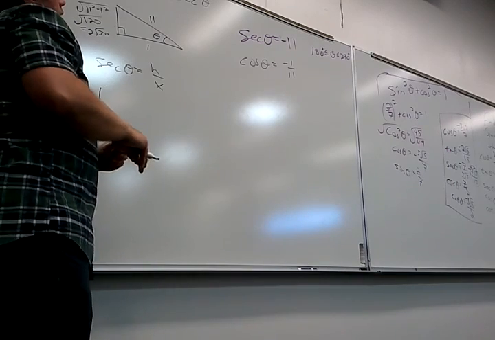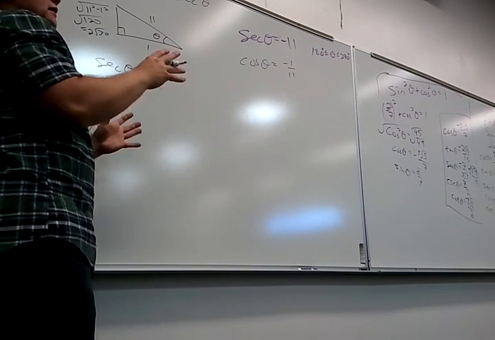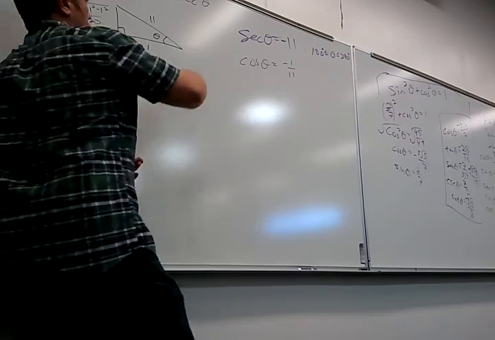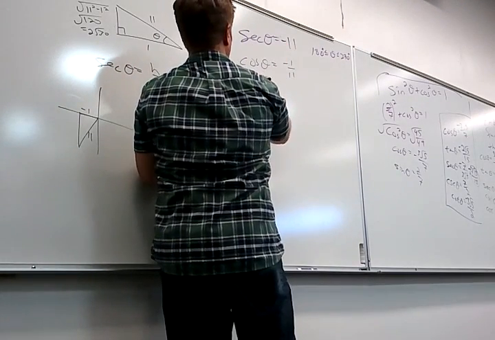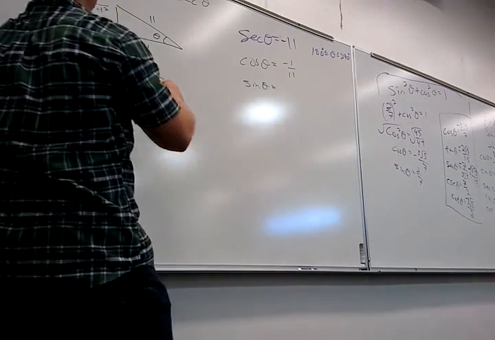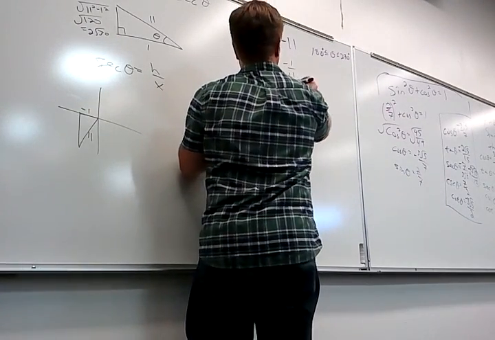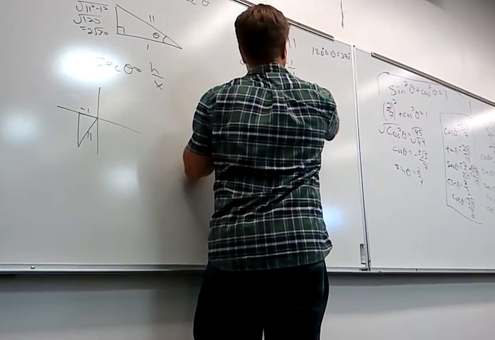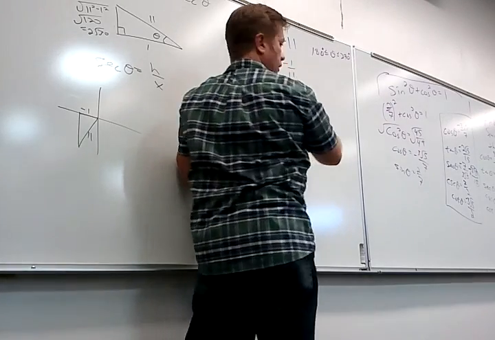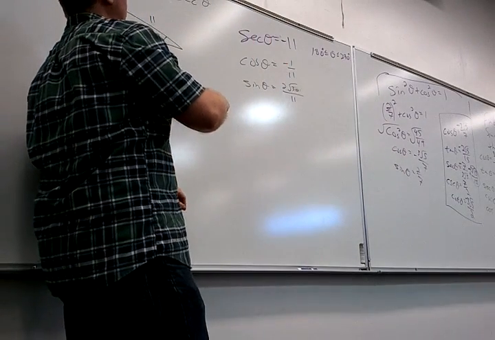So now I can set up any ratio they ask me for. I need sine. What's sine going to be? 2 square root of 30 over 11. Negative, eventually, that's right.